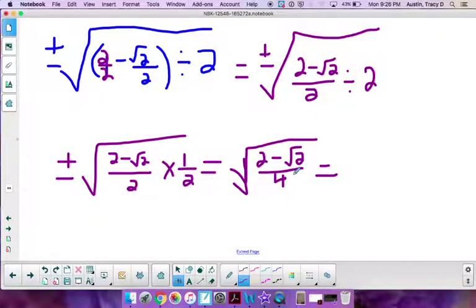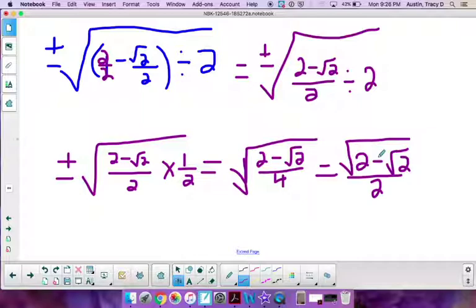And since the square root of 4 does simplify, it's 2, we end up with, remember the double root is okay, we're allowed to have that in this case because it is an exact value that we're looking for. The square root of 2 minus root 2, all over 2.